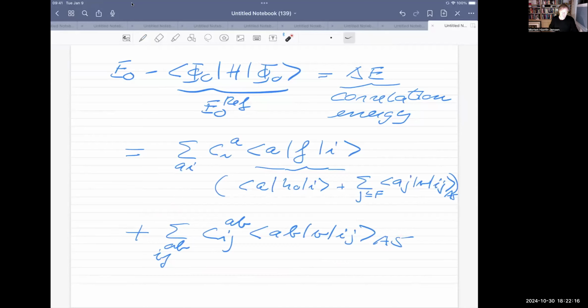Now, secondly, what we are going to do is show how we can actually obtain these coefficients from many-body perturbation theory.